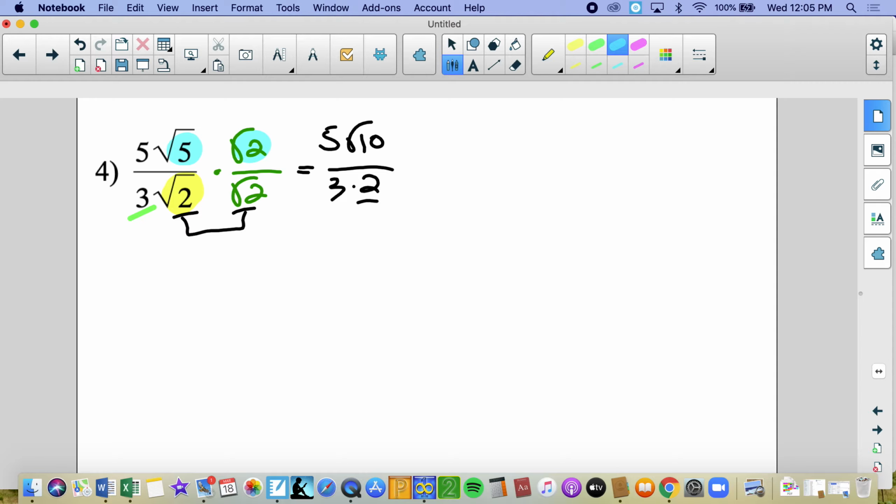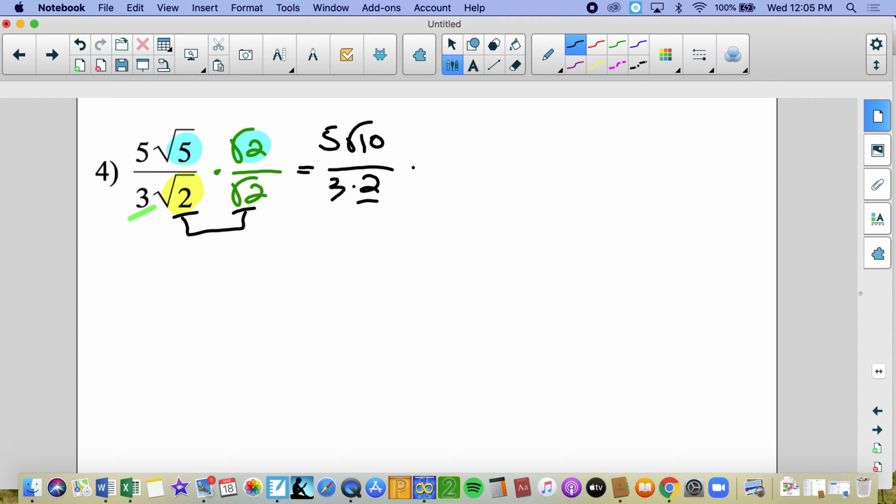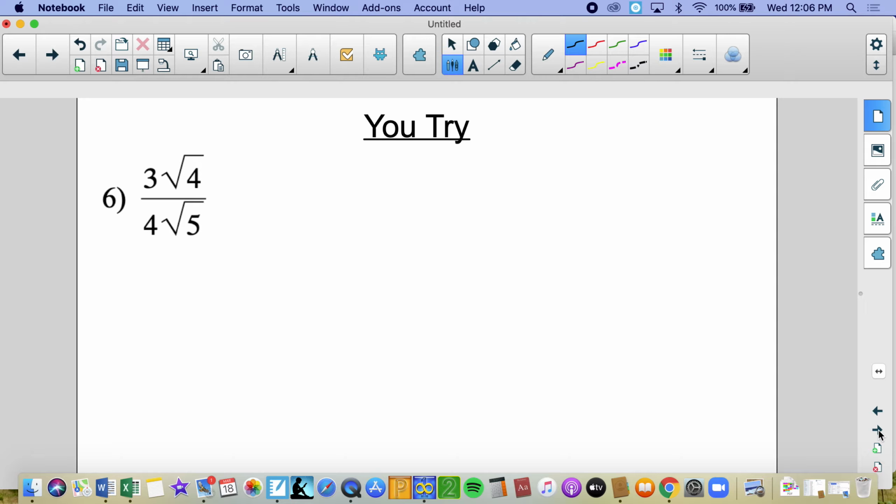So rad 5 times rad 2 gives me rad 10. And that gives me 5 rad 10 over 6. The 6 and the rad 10 cannot be simplified, so that's going to be my answer. I can't do anything more. But notice there's no radical in the denominator now. There's a rational number in there.